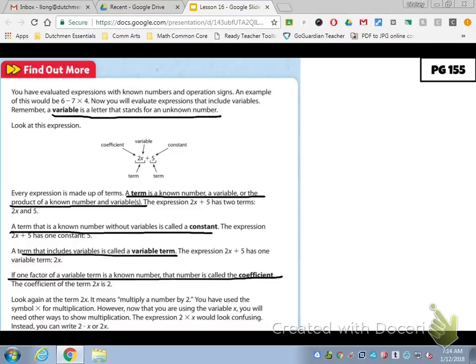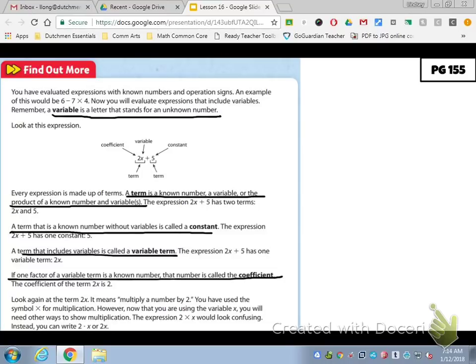So look again at the term 2x. It means multiply a number by 2. You have used the symbol x for multiplication. However, now that you are using the variable x, you will need another way to show multiplication. The expression 2 times x would look confusing because it looks like 2 x's. So now is the point where we're going to start writing either the dot to show multiplication, or we're going to start writing numbers and variables next to each other.